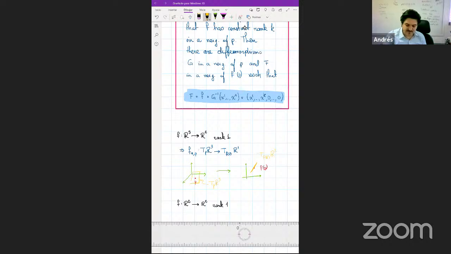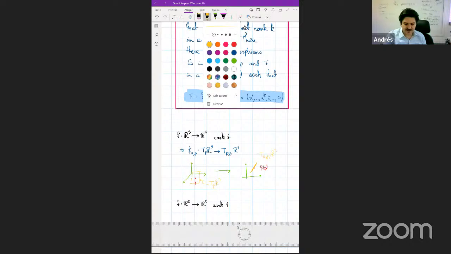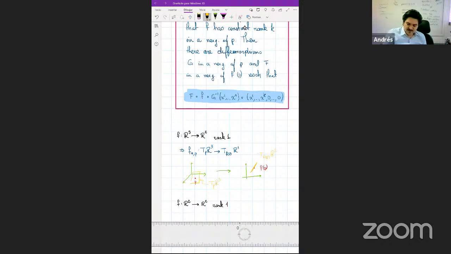If you take points nearby P, you will have something like this, and so on. Only lines. Those lines that I draw are on the tangent space of that point. Now remember that we have a way of computing this in terms of curves.